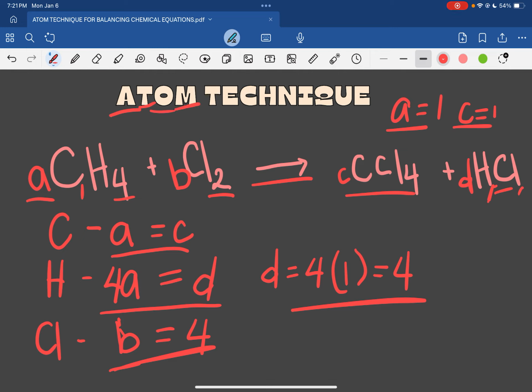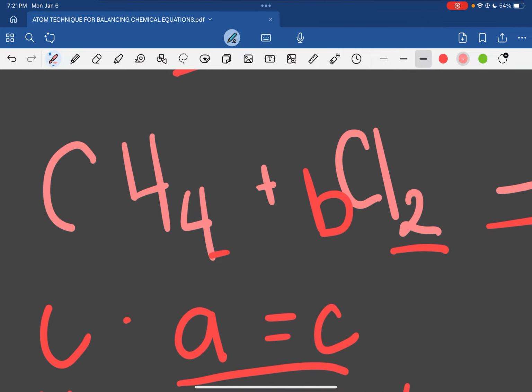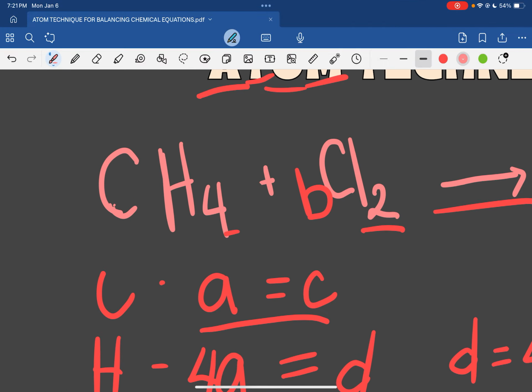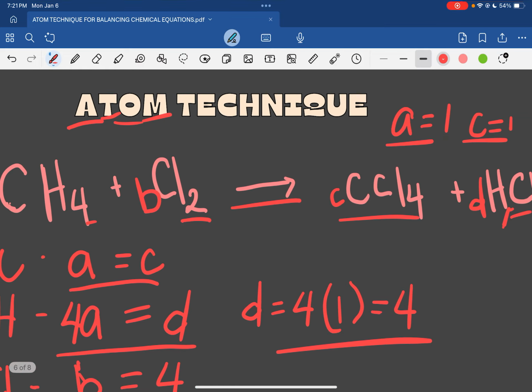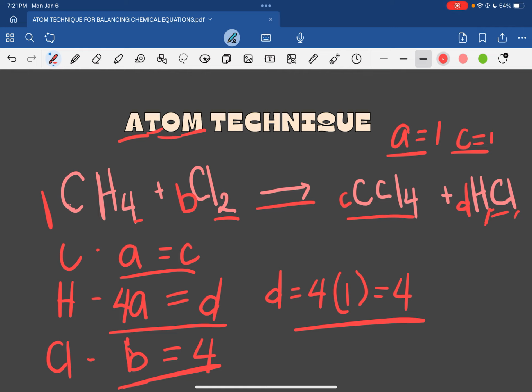So you're just going to substitute all the values that we got. For letter A, we have 1. We could just put the coefficient 1 in here, or put nothing at all, because automatically it tells us that the coefficient in here is 1.